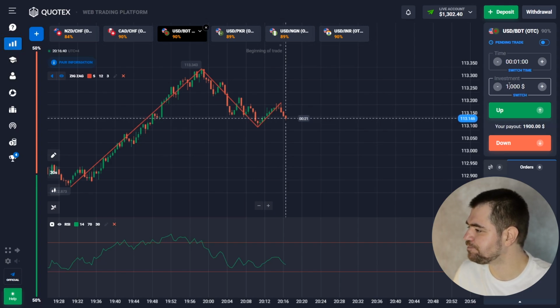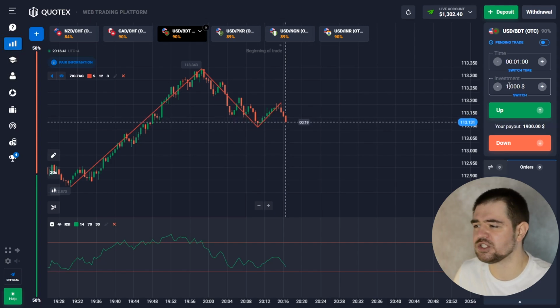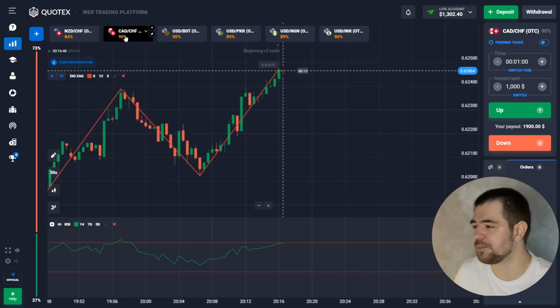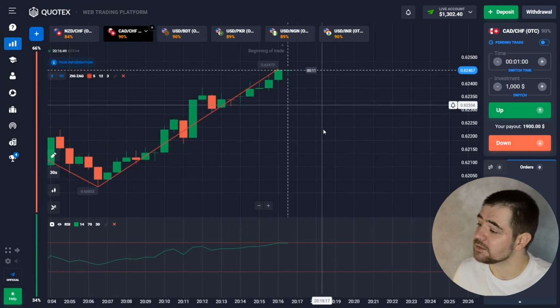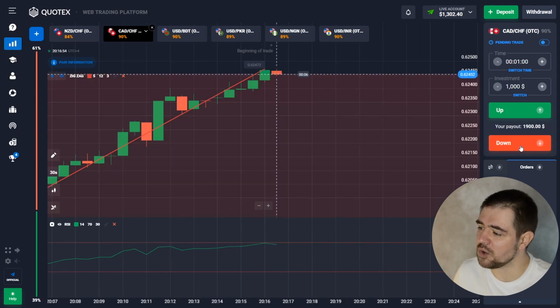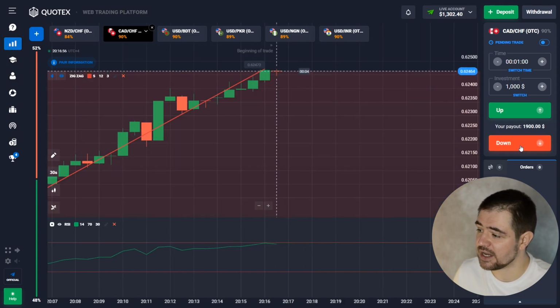Okay, so here we're gonna switch to a different currency. I like to switch to different currencies because you can find different situations and possibilities. So we're reaching there. We're building up just below the resistance line.